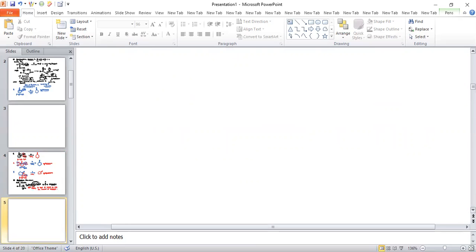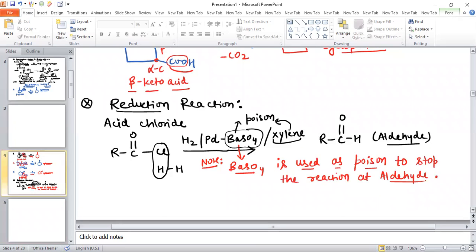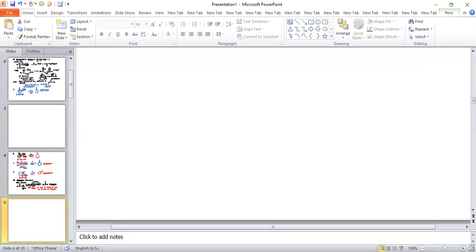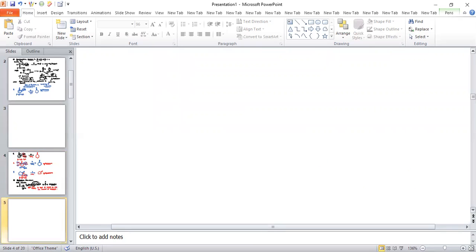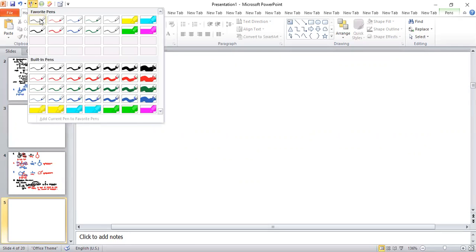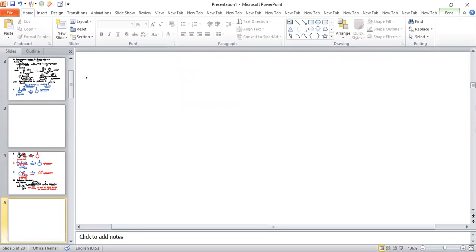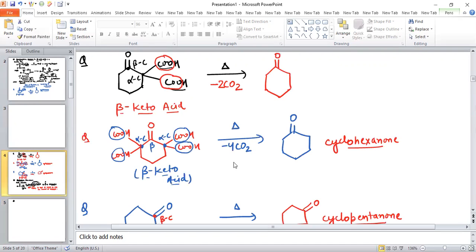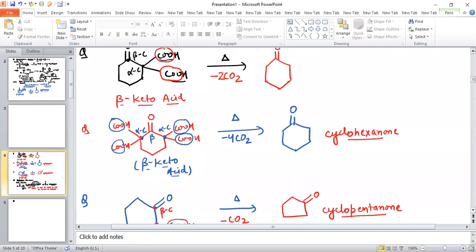Now see the examples related to this one. The name of this reaction is basically Rosenmund reduction.